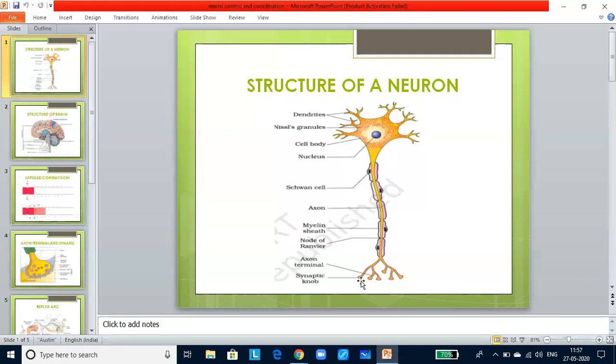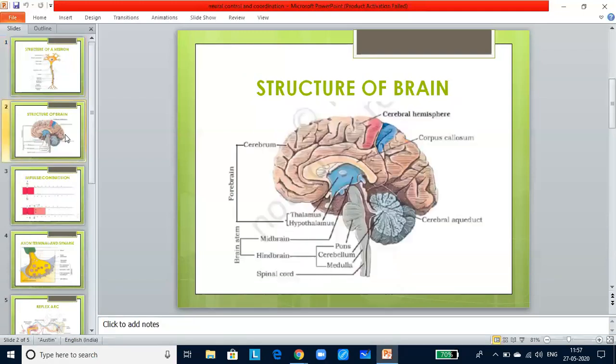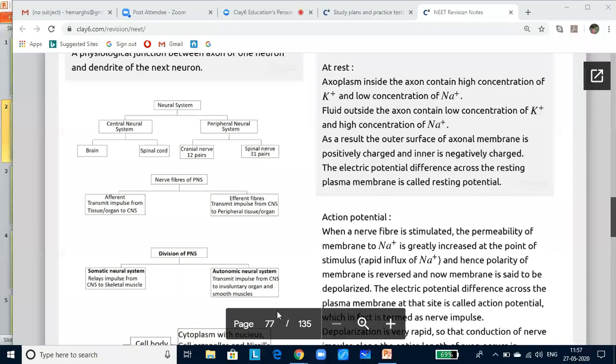Now let us look at the next structure, that is the human nervous system. If you look at the human nervous system, it is divided into two parts, namely the central nervous system and the peripheral nervous system. So this is the broader classification. Central nervous system is broken into brain and spinal cord.